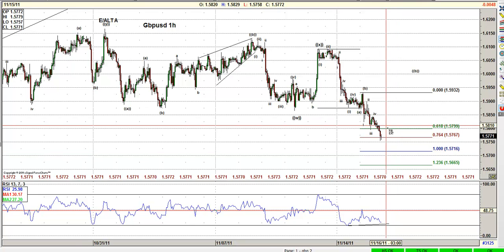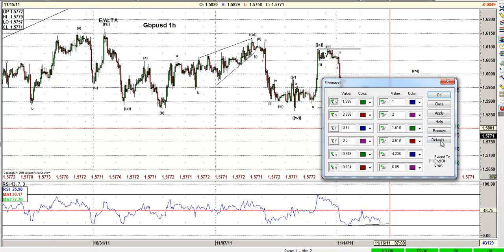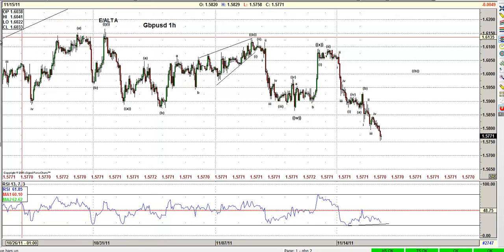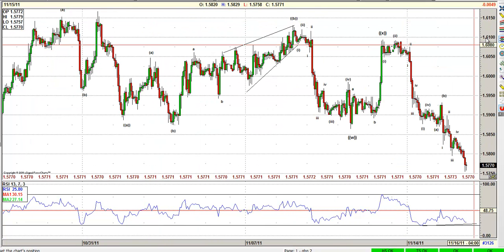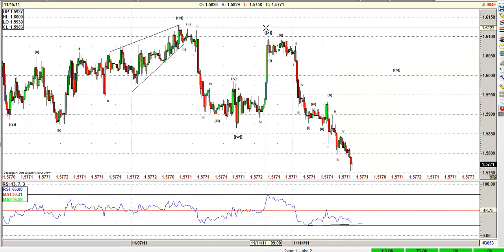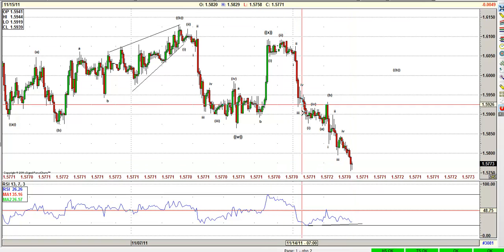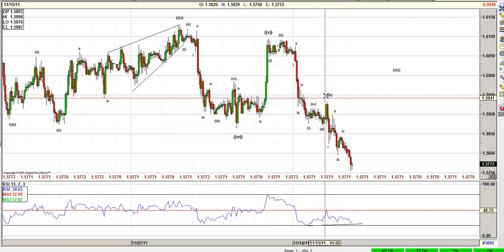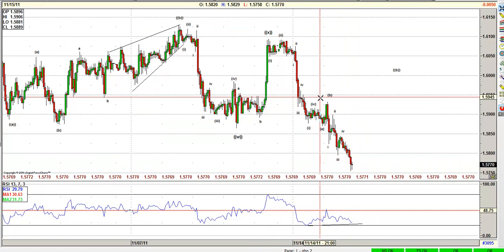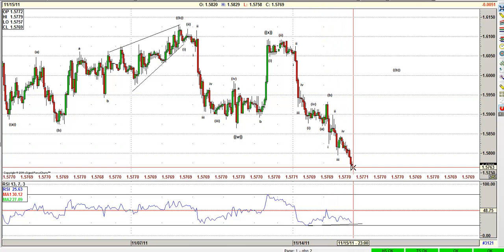Now, what can happen in cable? I want you guys to take a look at this. I see two ways. Either this is a whole move, that can be the case, or you should divide it in 5, 3, 5, and then from here you can see 1, 2, 3, 4, 5.